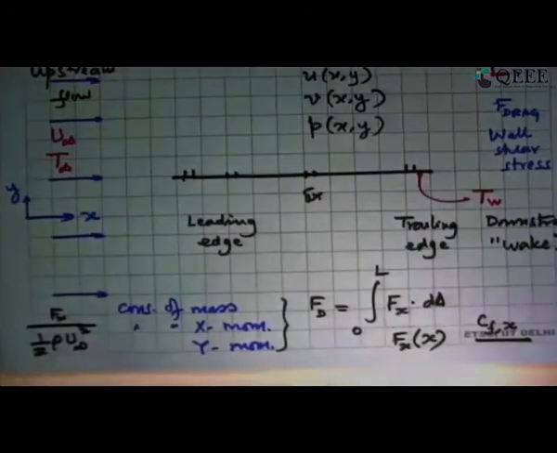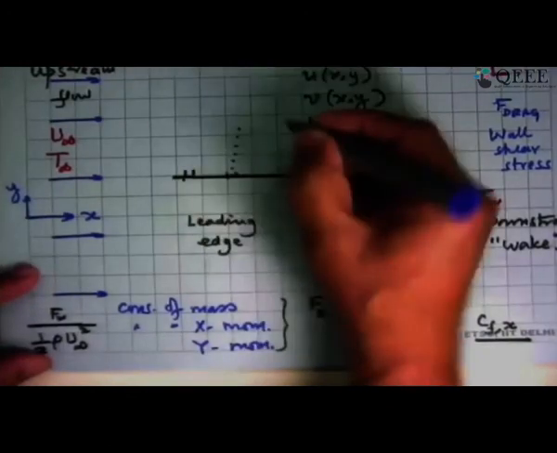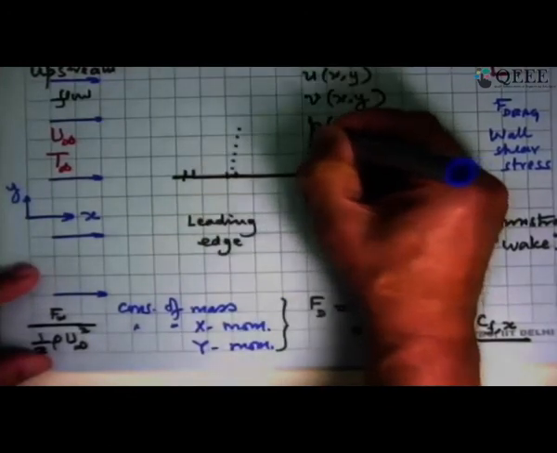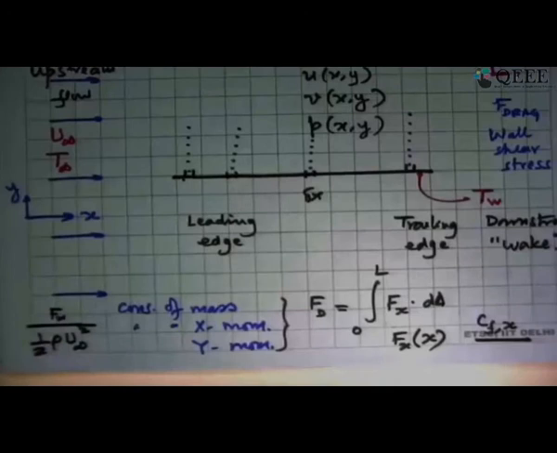This will be our answer. That's what we will solve for. So we have the solution at every point, and from there we need to calculate the skin friction coefficient and the drag force.